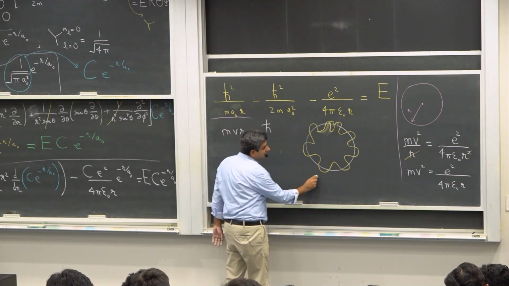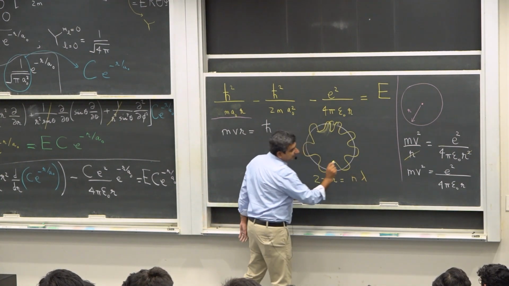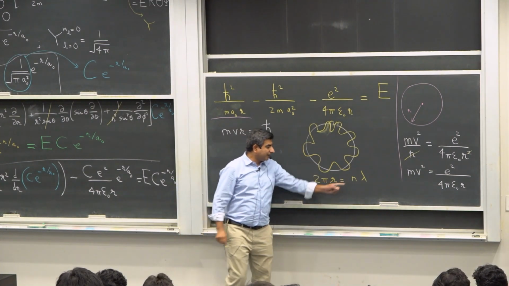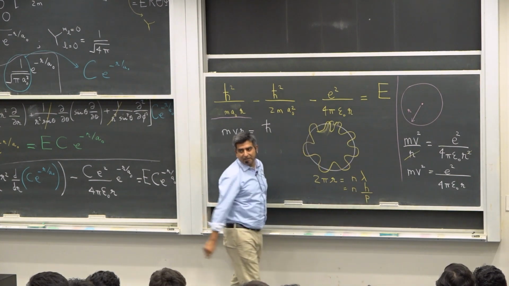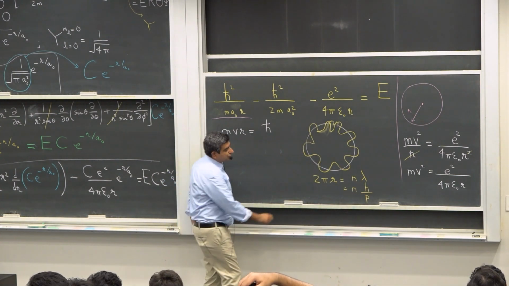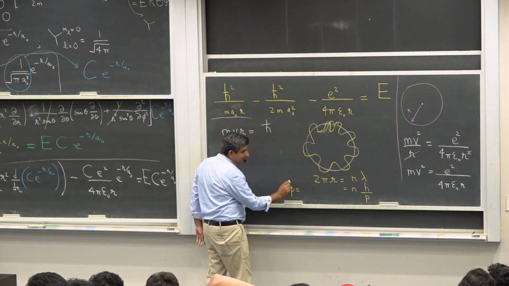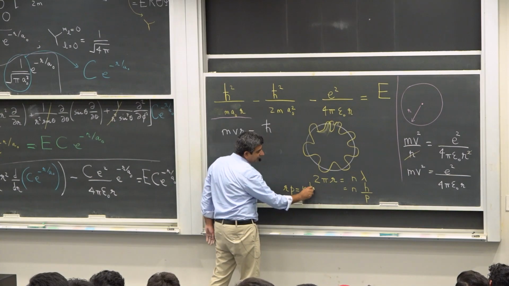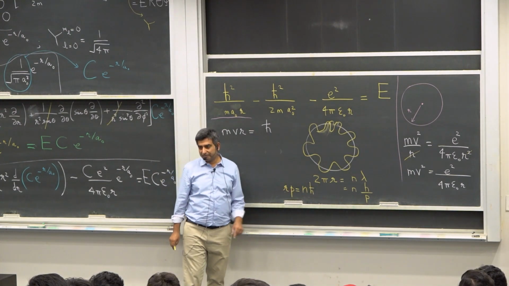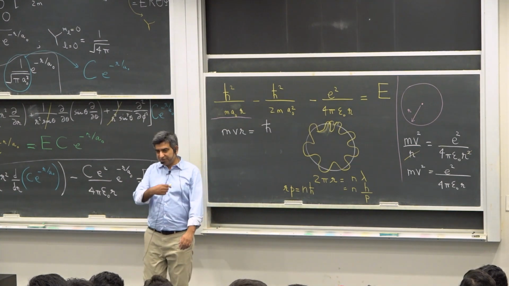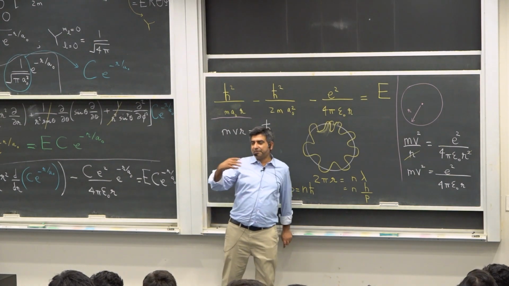So 2 pi r must be equal to an integer number of wavelengths. Now the wavelength is related to the momentum according to the de Broglie relationship. So P into R is n h bar. P into R is the angular momentum, P is the linear momentum. This is how he was able to reach this conclusion. So it's a combination of his ingenuity and de Broglie's relationship.